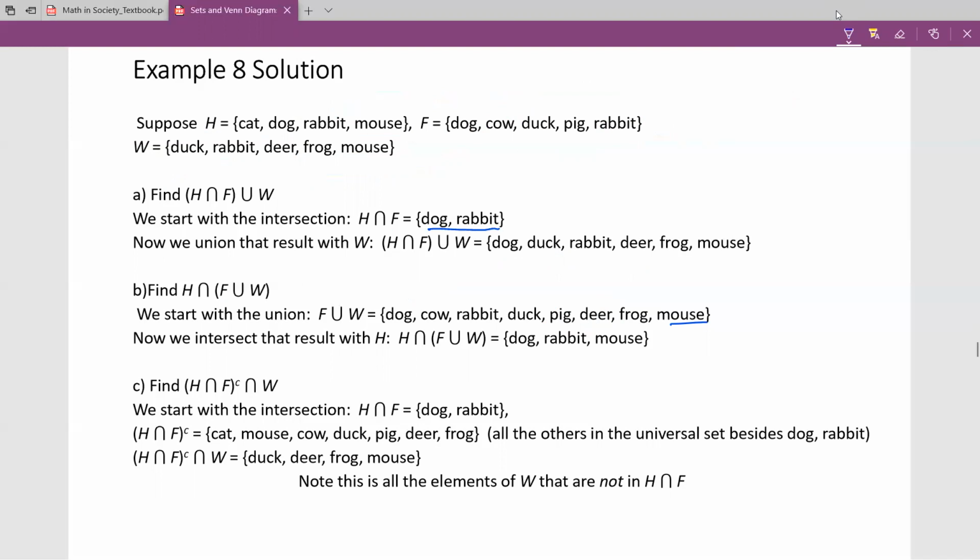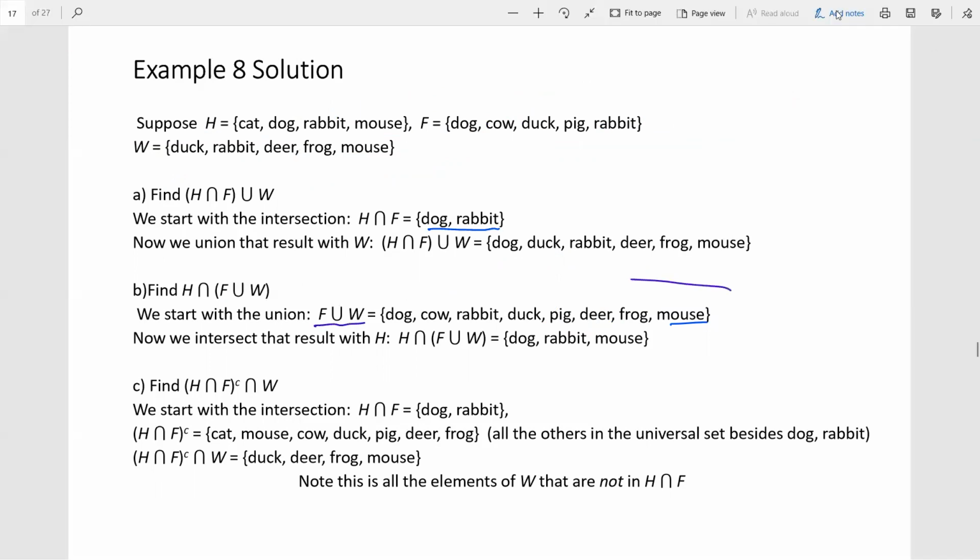So we have the union of F and W, which we want to intersect with H. And here is H. And so the common elements are a dog, a rabbit, and a mouse.